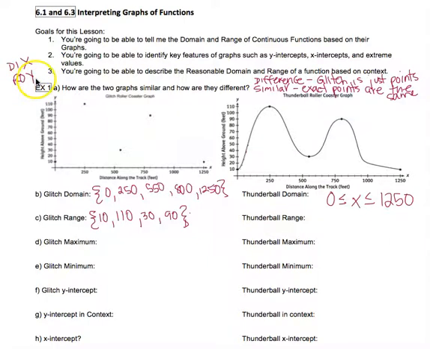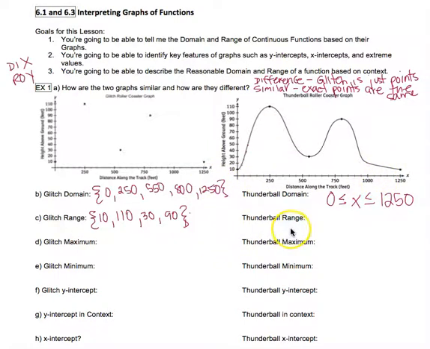So when I'm looking for domain on a function that has curves or lines, I'm looking really for the walls. I'm looking on the left and then I'm looking on the right because that's which way the x-axis goes, from left to right.